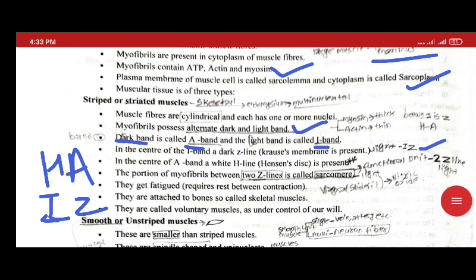So student, now let's also understand that if this is the skeletal muscle, then it is in our control, so it is also called voluntary muscle, and it is multinucleated.